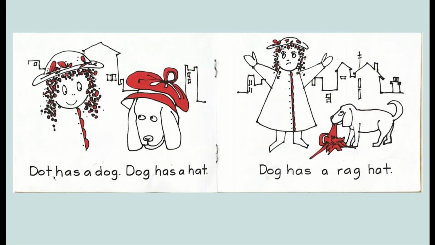Dot has a dog. Dog has a hat. Let's read those two together now.